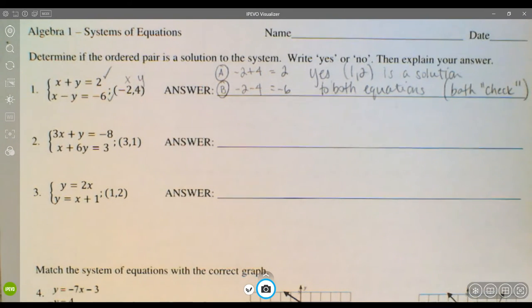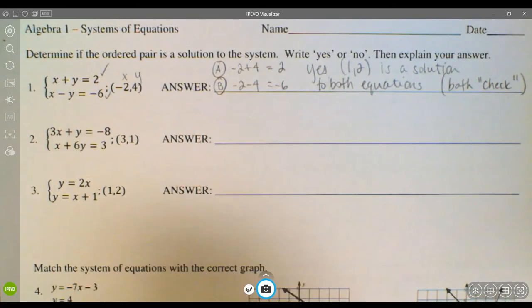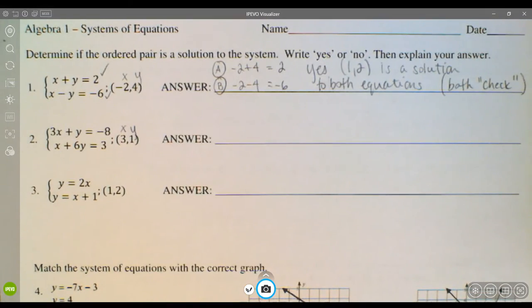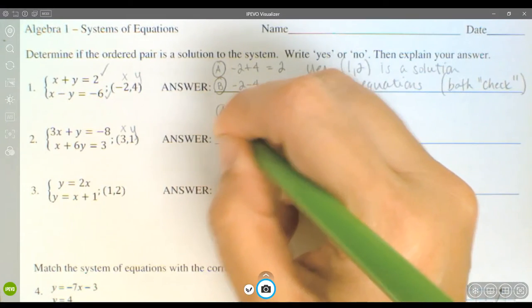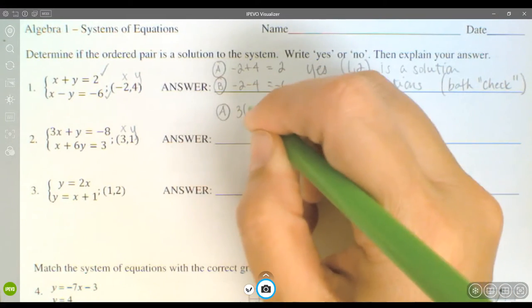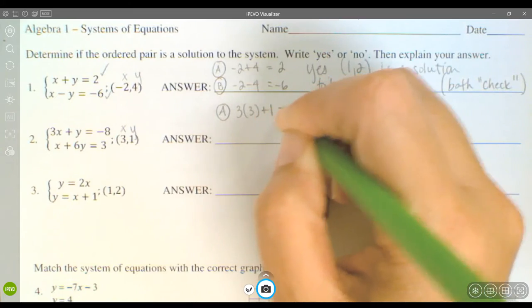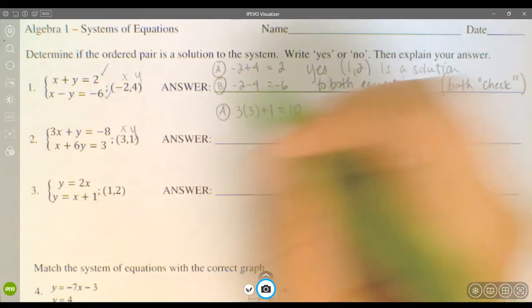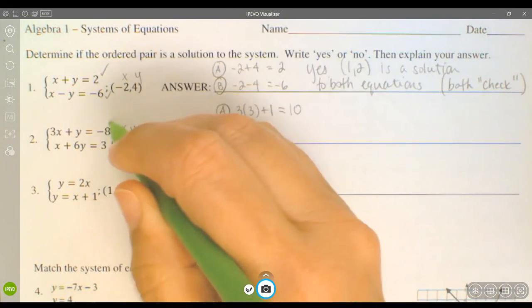Okay. So let's look at number 2. Number 2, let's see what happens when x equals 3 and y equals 1. So when we look into equation A, 3 times 3 plus 1, well, 3 times 3 is 9, 9 plus 1 is 10. Does that equal -8?